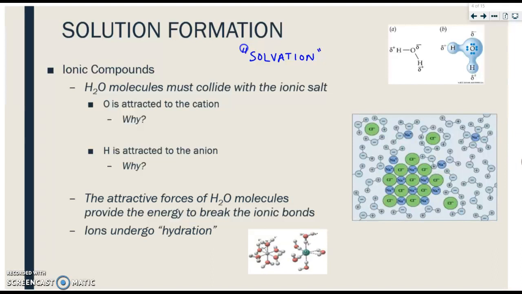The oxygen portion of water is attracted to the cation. As review, cations are positive. And the hydrogen portion of water is attracted to the anion. Anions are negative. If we look at our picture of water over here, you can see that the oxygen portion of water is partially negative, and the hydrogen portion of water is considered partially positive.